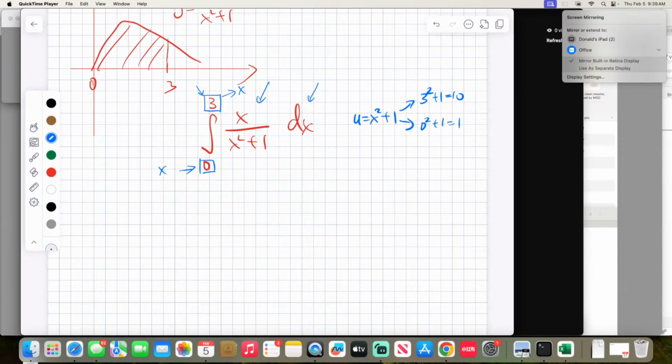That means I replace n with n plus 1. So would that be n plus 1 over n plus 1 plus 1?